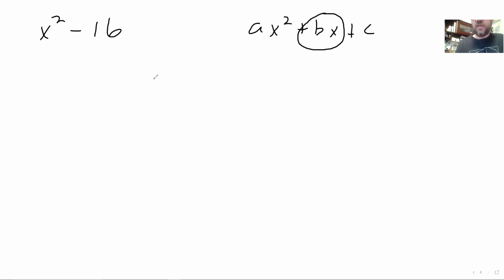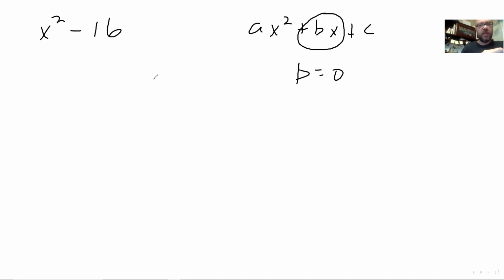I've just got the c and then the ax squared, and a is 1 here. And when a term is not present, that means its coefficient is 0. So b equals 0. So I'm looking for two numbers that multiply to be negative 16 and add up to 0. Those numbers are going to have to be negatives of each other. The only way to get two numbers adding up to 0 is if they're the same but opposite signs.